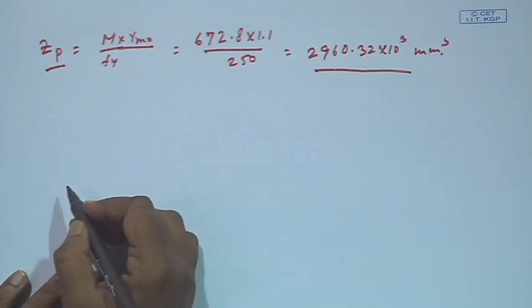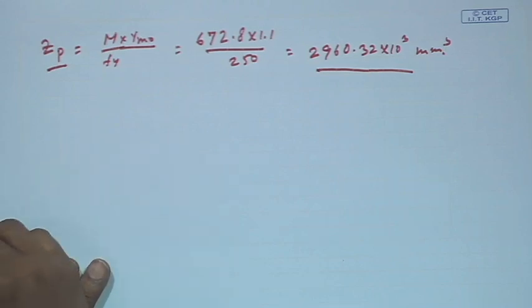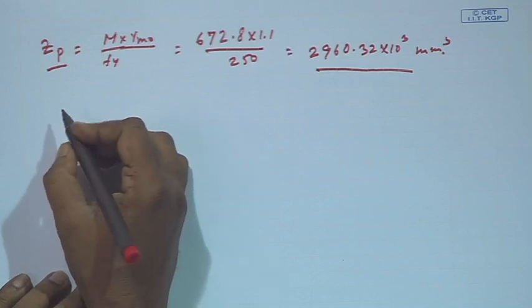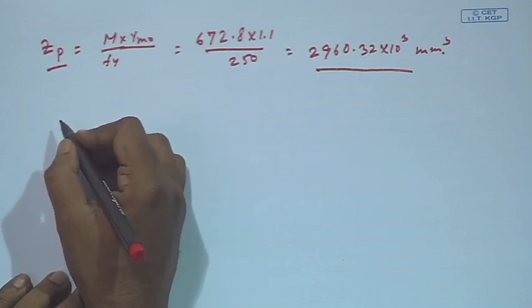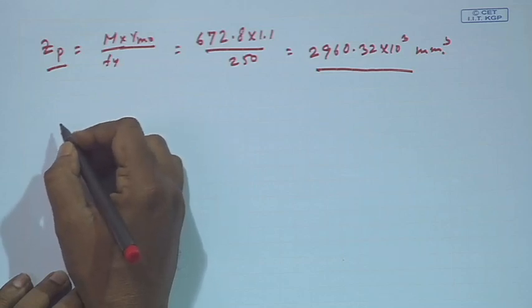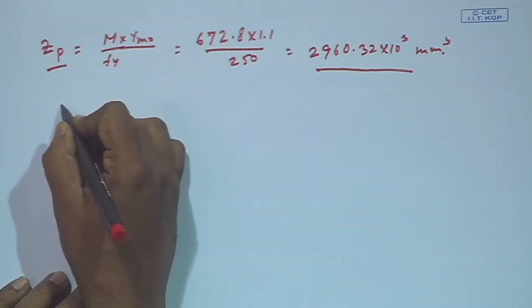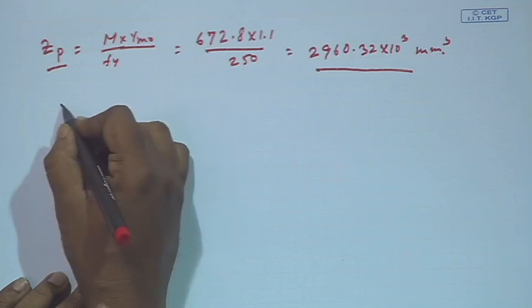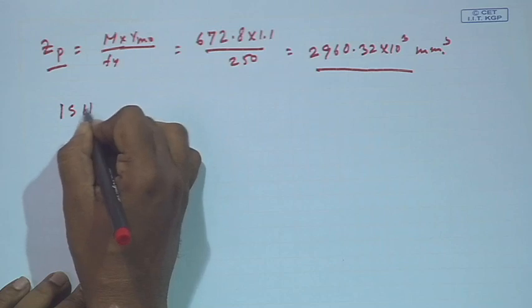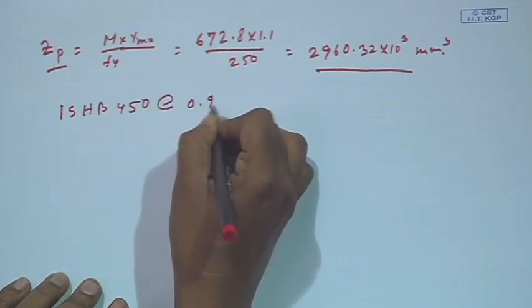Now, the depth restriction is given as 500 mm. The maximum depth allowed is 500 mm. Therefore, we can see the SP6 and find out a section. When we look through the SP6, we could see that the largest plastic section modulus under 500 mm depth is ISHB 450 at 0.907.